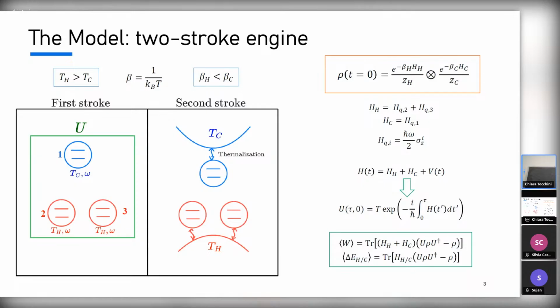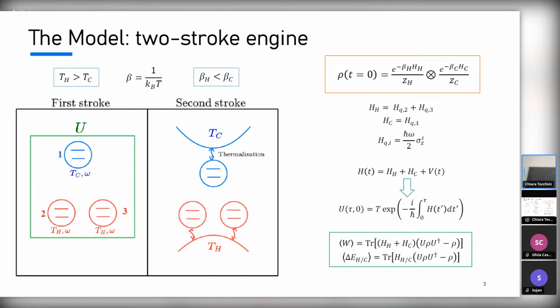So we can see this as a 2-stroke engine, where in the first stroke we have the whole system undergoing an external driving V(t) that is time dependent, and it implies a unitary evolution.